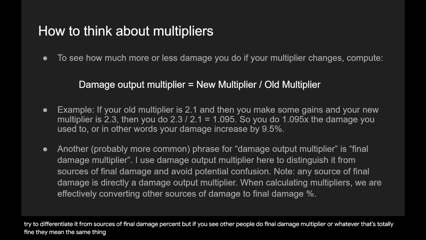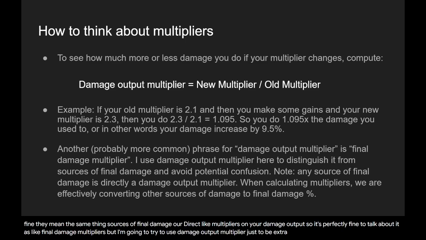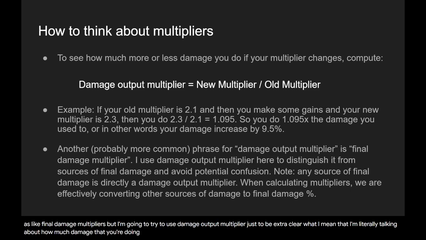They mean the same thing. Sources of final damage are direct multipliers on your damage output, so it's perfectly fine to talk about them as final damage multipliers, but I'm going to try to use damage output multiplier just to be extra clear what I mean, that I'm literally talking about how much damage you're doing.